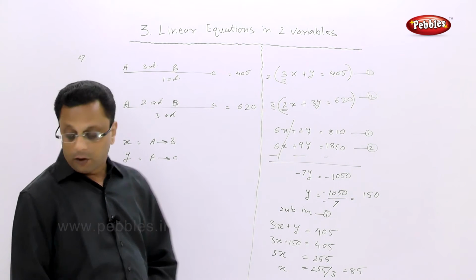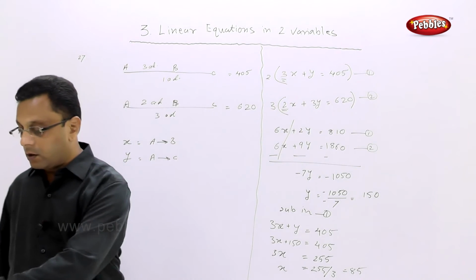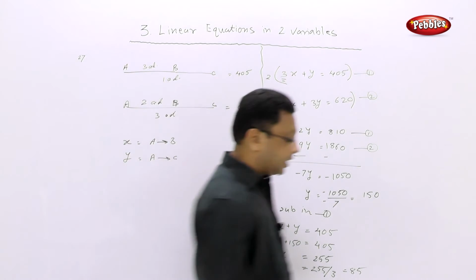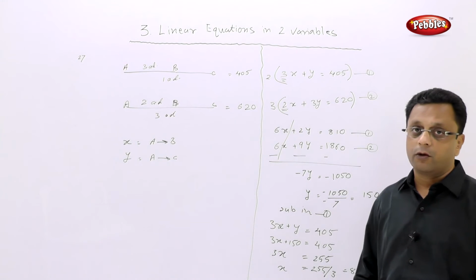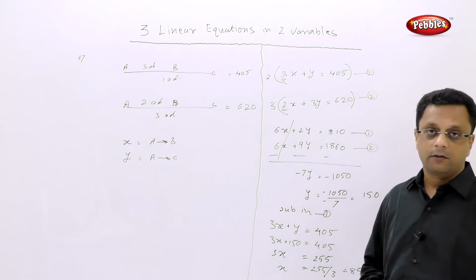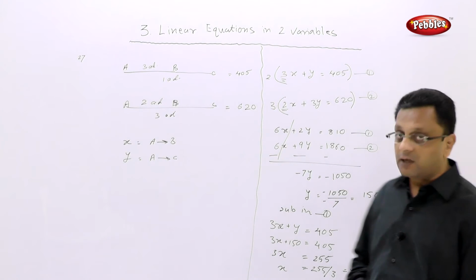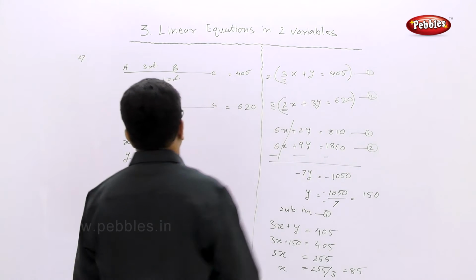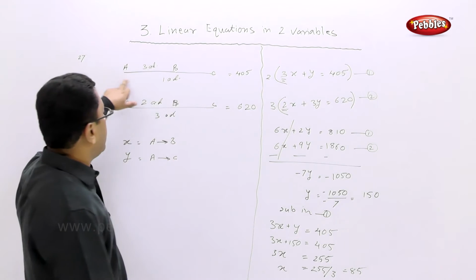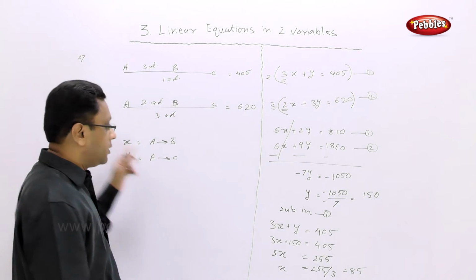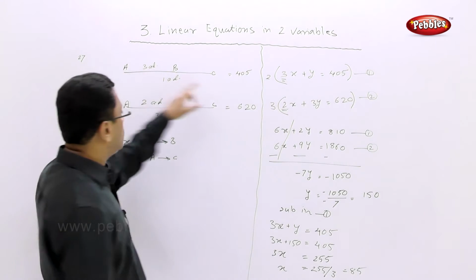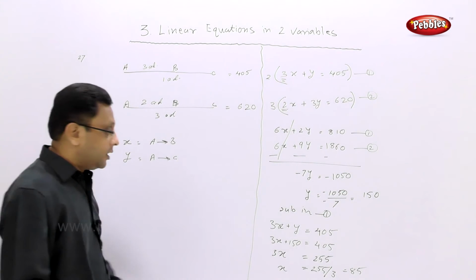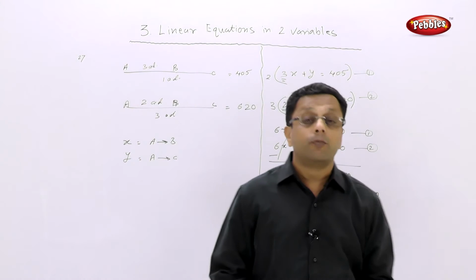Now mind well, if you write just 150 and 85, the answer will be wrong. Again I am telling you, whenever there are word problems, you have to first check what is asked. Now here the answer must be: from point A to B, the bus fare is 85 rupees, and from point A to C, the bus fare is 150 rupees.